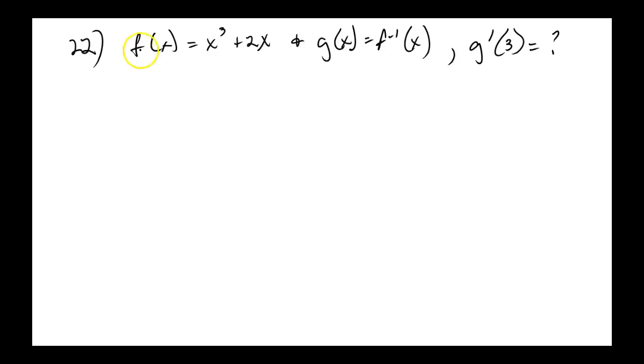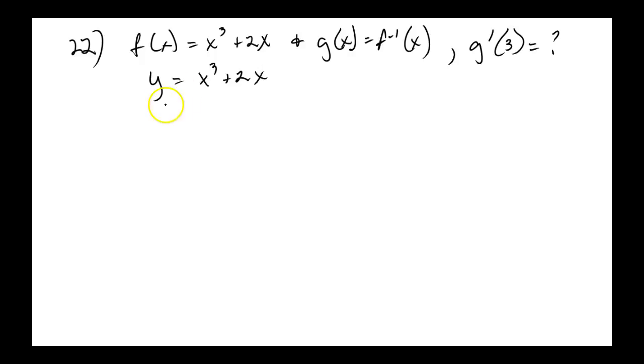So you remember how to find the inverse? Put everything over 1? That's the multiplicative inverse. We're talking about functional inverse. You change f of x to y. Good first choice. Equal x cubed plus 2x. And you switch the variable.